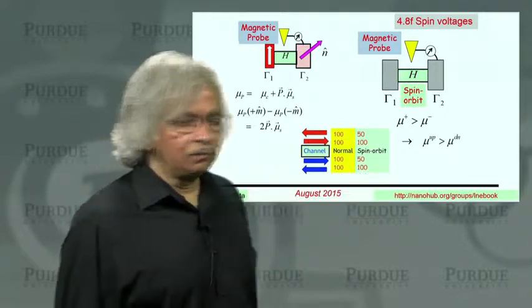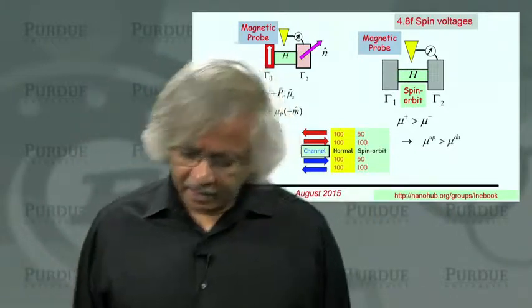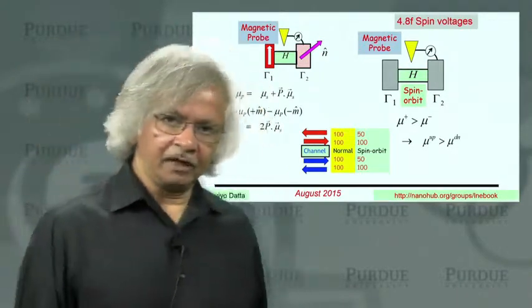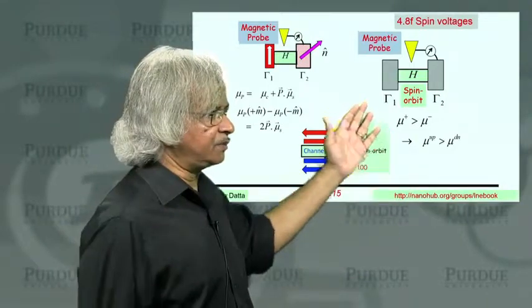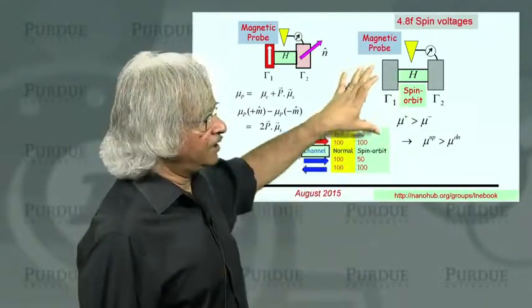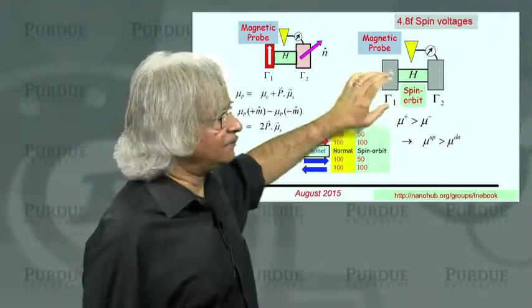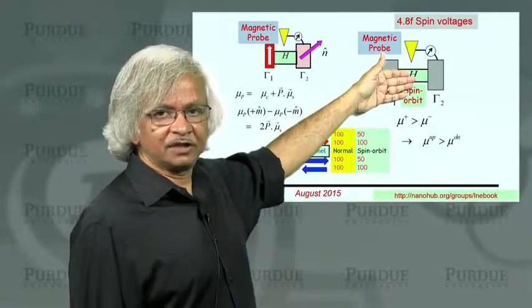Right? So this is something we had briefly mentioned in part A. I think in unit 3 of part A, we had briefly mentioned the spin voltages in materials with high spin orbit coupling. But the point is that that is now a good way that has been established experimentally to establish spin potentials.